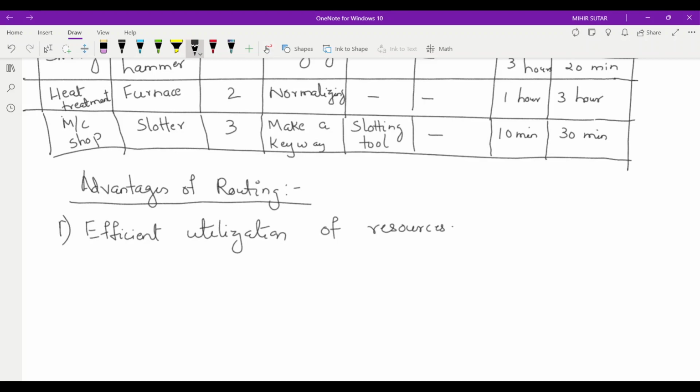Number two, reduction in manufacturing cost.